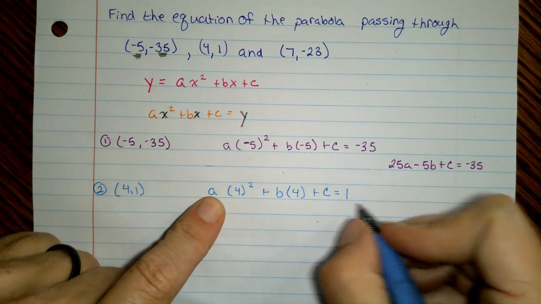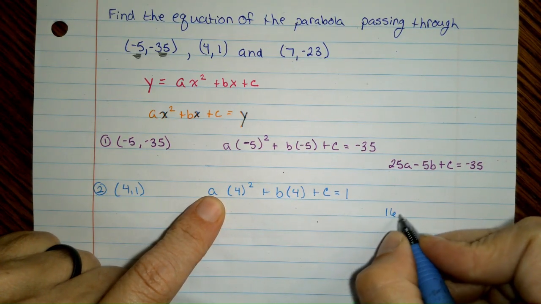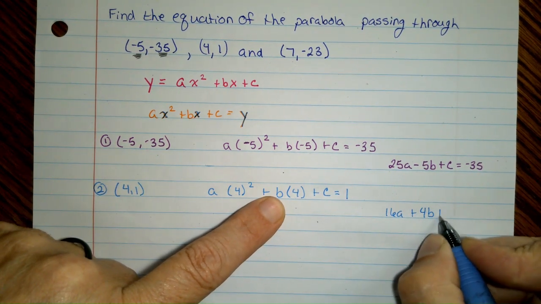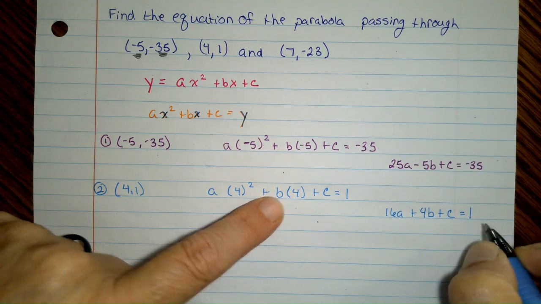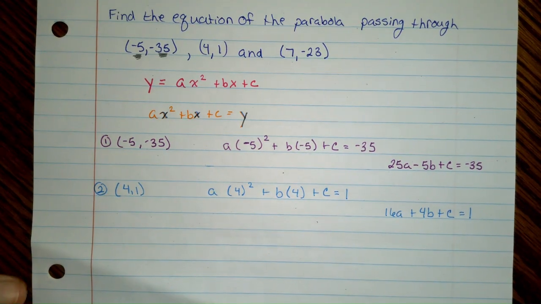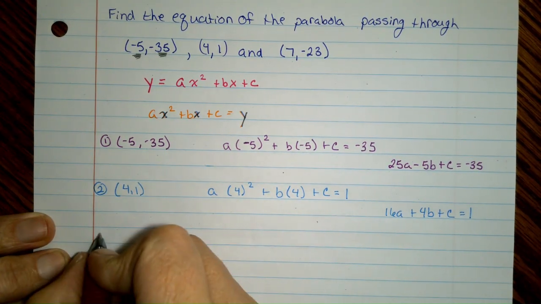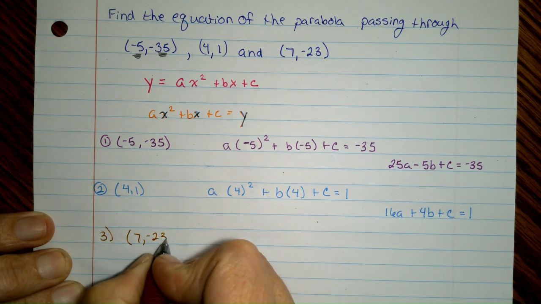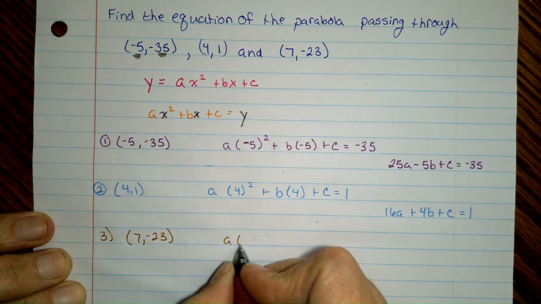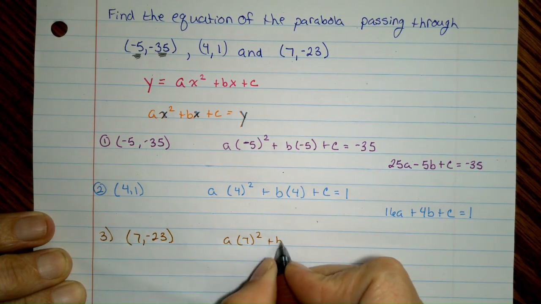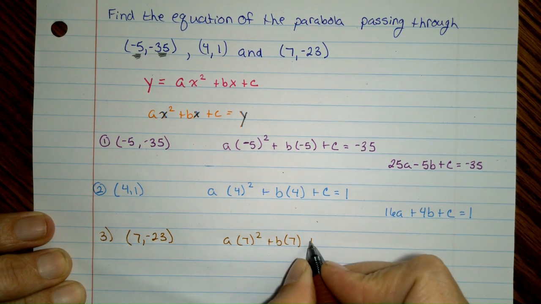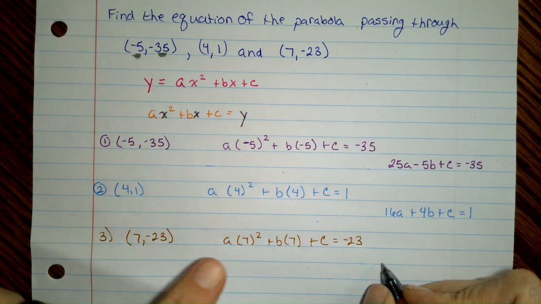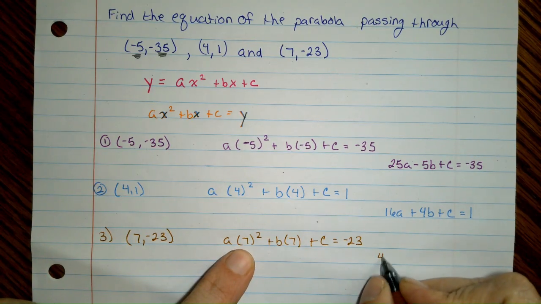So 4 squared times a, b times 4, and our third ordered pair was 7, -23. So a times our x value squared plus b times our x value plus c equals our y value. So a times 7 squared, that would be 49a.